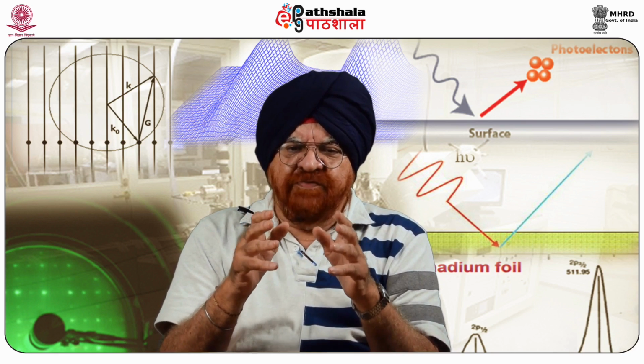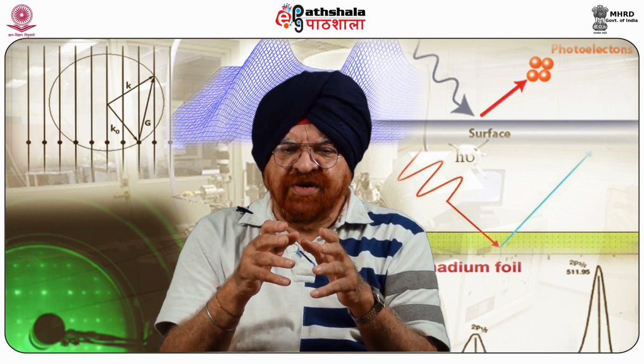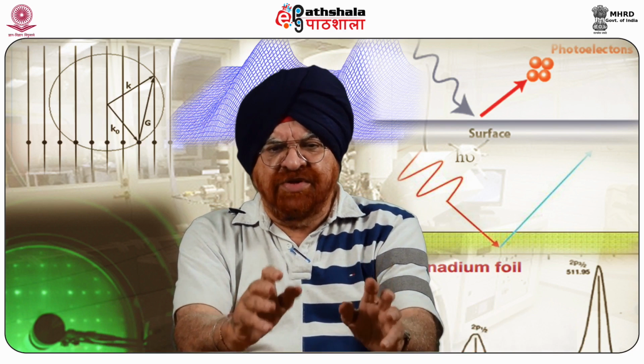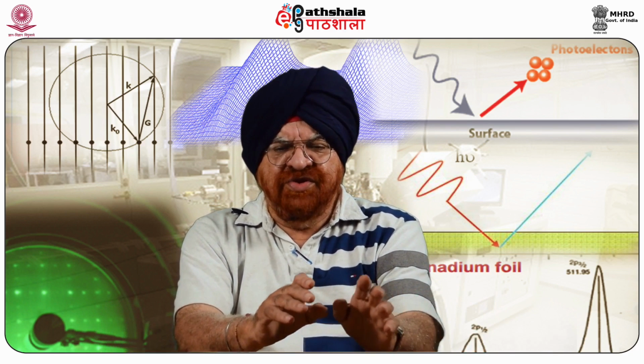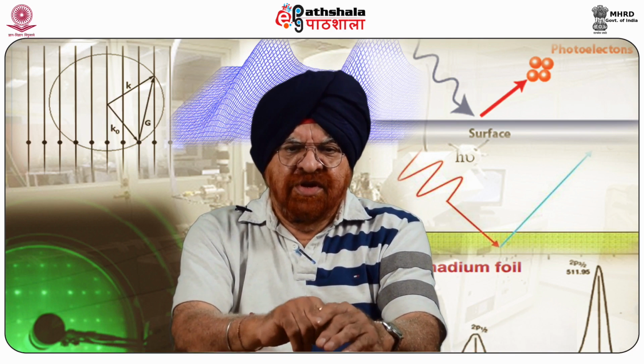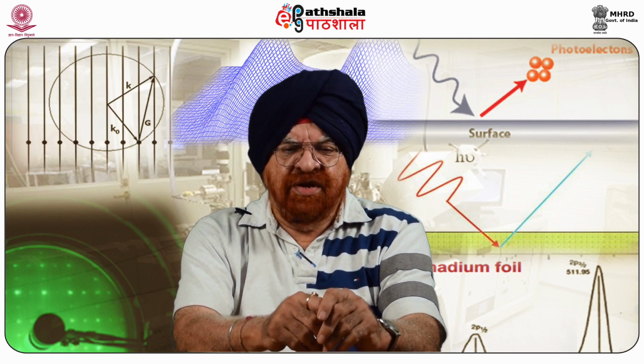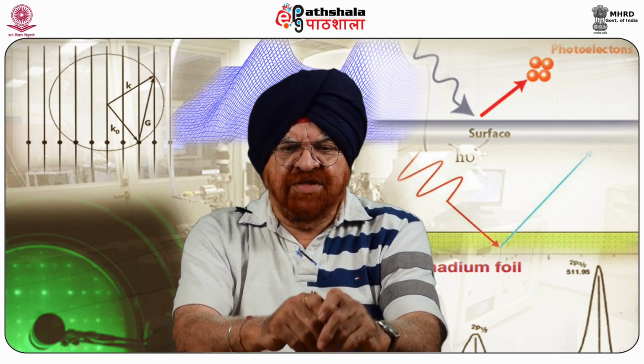The area under a peak in the spectrum is directly related to the amount of the element represented by that peak. That means the area under that particular peak will tell us about the quantitative presence of that element on the surface. The peak shape and precise position indicate the chemical state of the element.